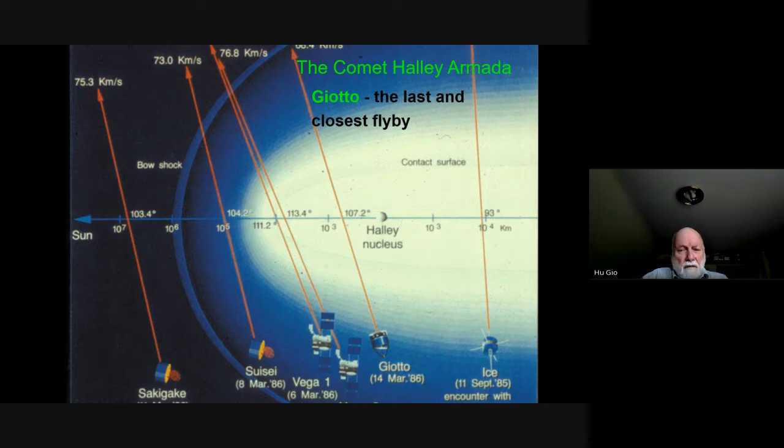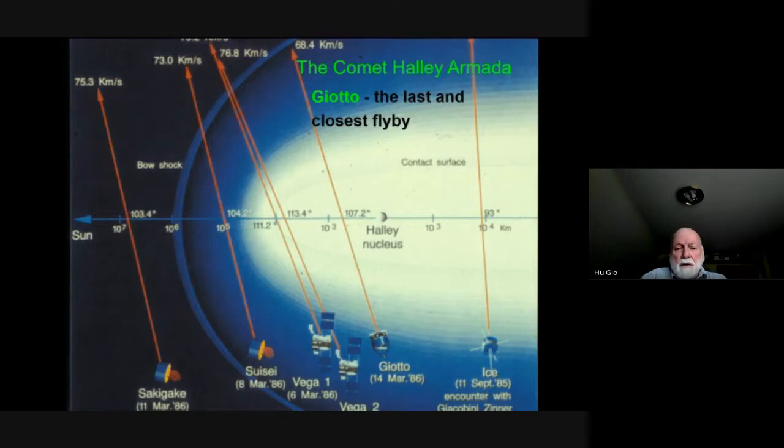Comet Halley is not a very good object for observations because its orbit is retrograde, so the flyby velocity of a spacecraft adds the velocity of the Earth to the velocity of the comet, and the typical flyby velocities of all those spacecraft close to the nucleus were in the order of 70 kilometers per second, very fast.